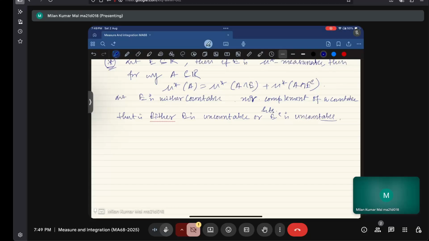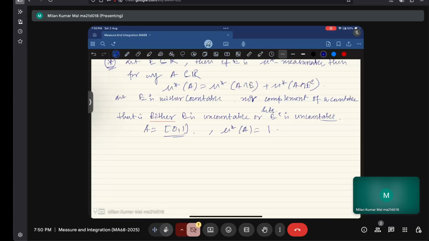Okay. So in that case, if I consider particularly A equal to some particular interval [0,1], then mu star of A is equal to 1, because this is an uncountable set, but this does not have an infinite condensation point.